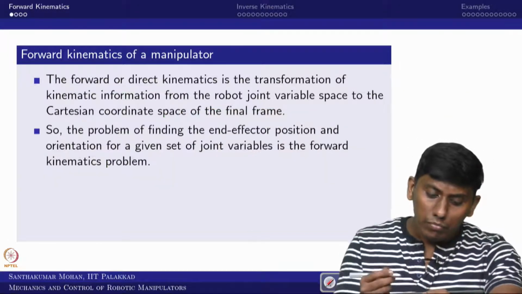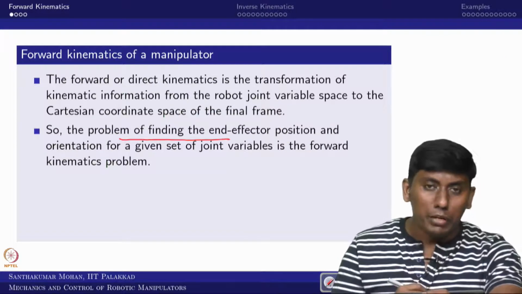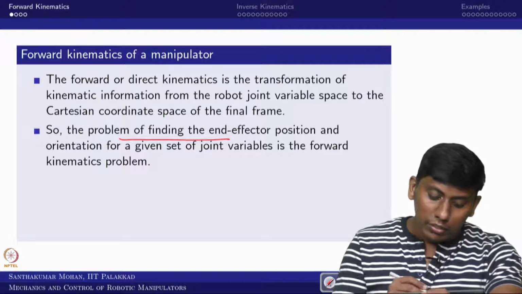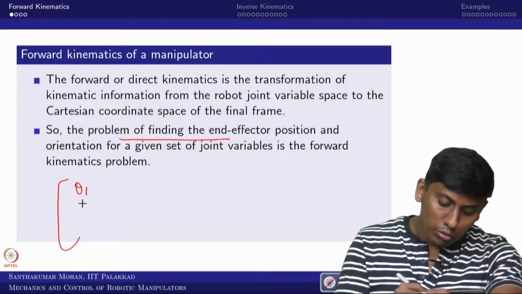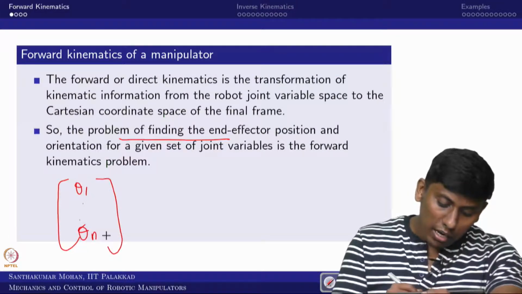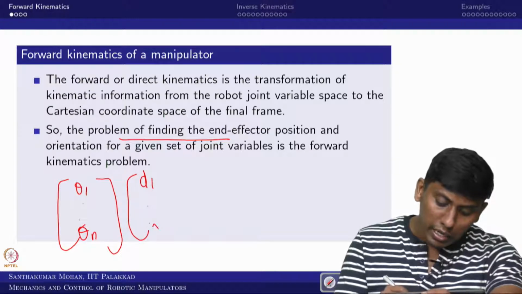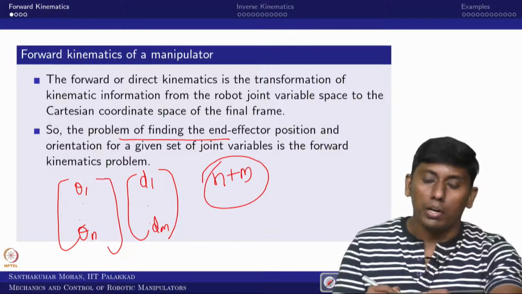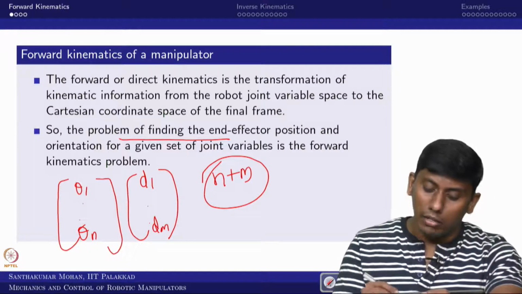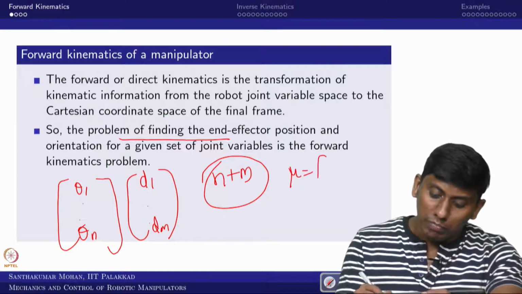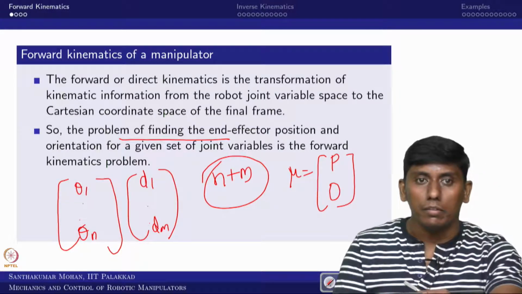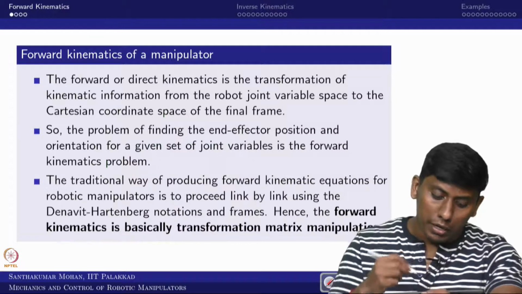This is the problem of finding the end effector position and orientation that we discussed. Here we have theta 1 to theta n and d1 to dm, where n plus m is the total number of joint variables. These are all given, and I am trying to find out mu, which is the position vector and the orientation information of the end effector.